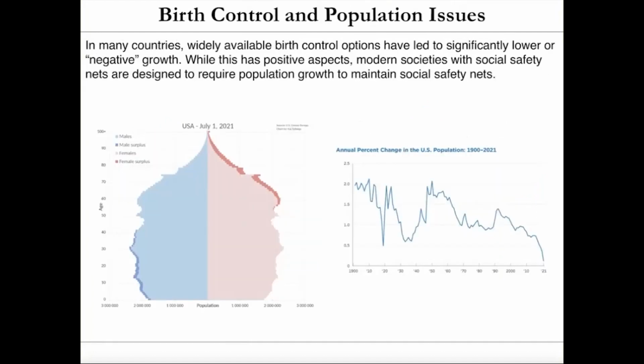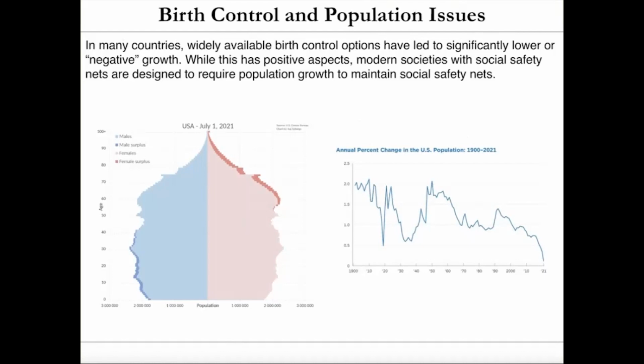Although birth control also had some effects that could be perceived as negative, especially with population issues. There was really no effective way to control birth or family planning prior to the pill. I mean, there was some, but this is the most effective way. Since the advent of the birth control pill, it's led to a lower, almost negative growth rate in the United States and elsewhere.